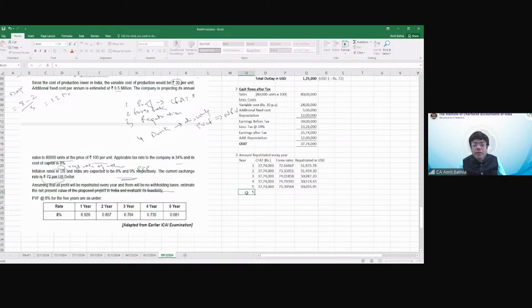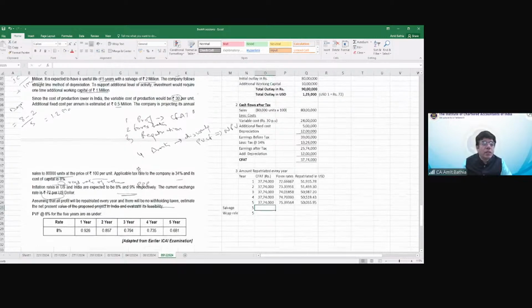So at the end of the 5 years, what is also going to come through is, yes, salvage. Similarly, working capital released. Am I right? Yes, sir. Okay. How much is going to be my salvage? You are told already in the very first information itself.